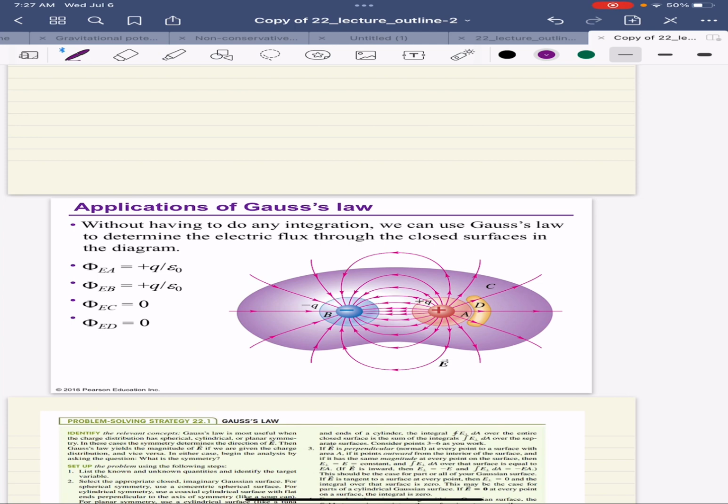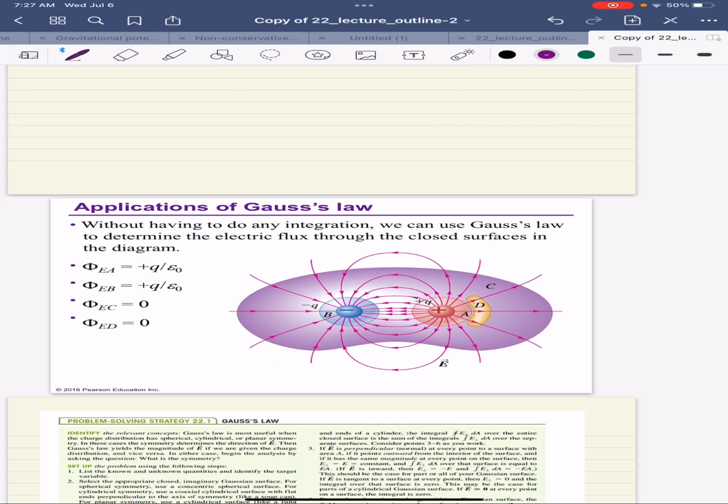In this drawing we have many surfaces: A, the red one, B, the blue one, C, the purple one, D is this region only here, and E is here.